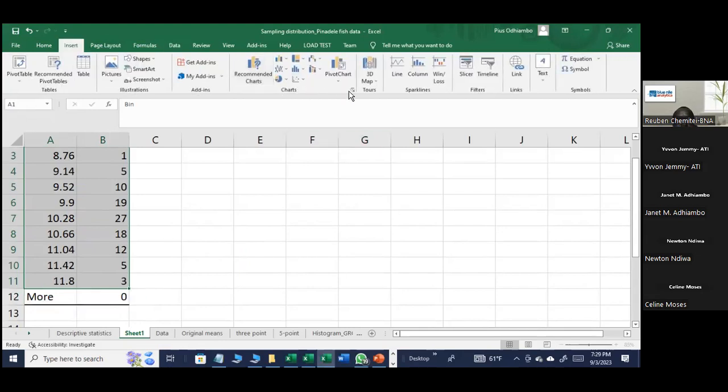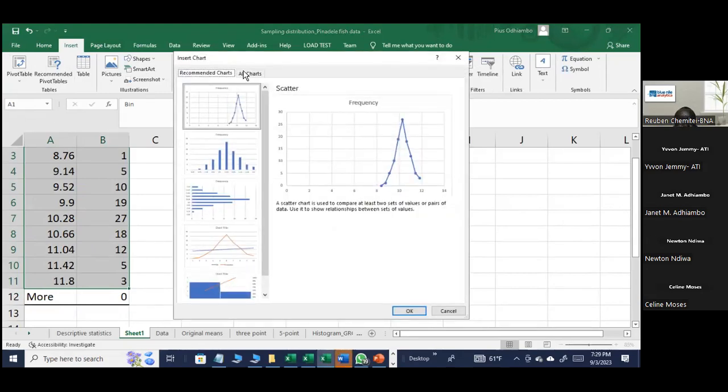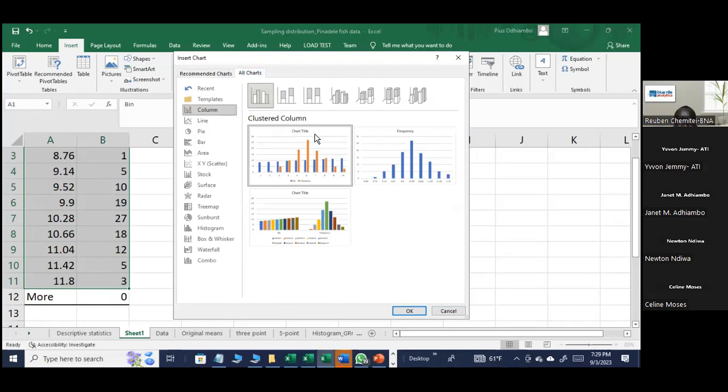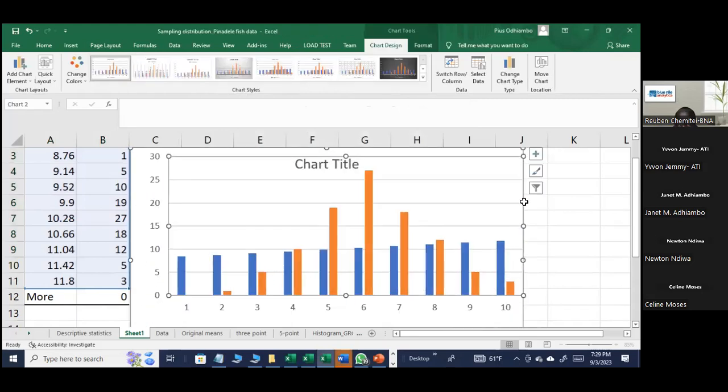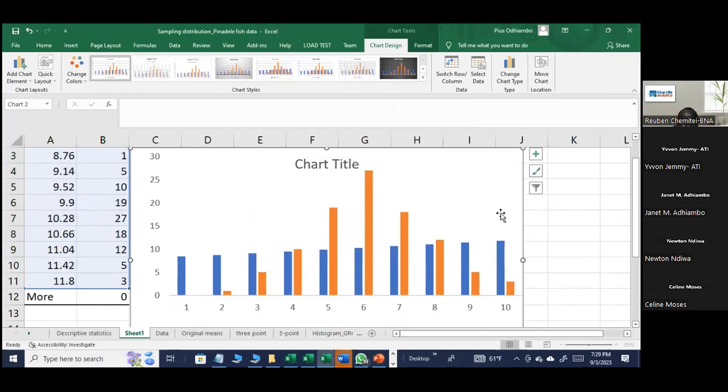I insert the histogram. Try this column chart, and then I click OK. Did it give me the value? No. It should have given me the pin plus the whatever. I don't know why it is not.